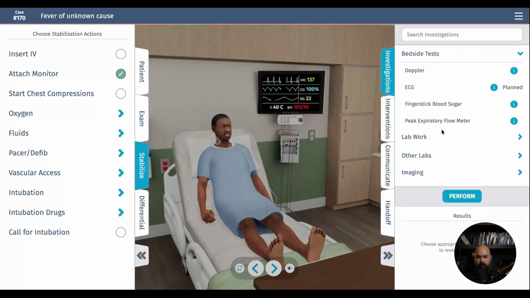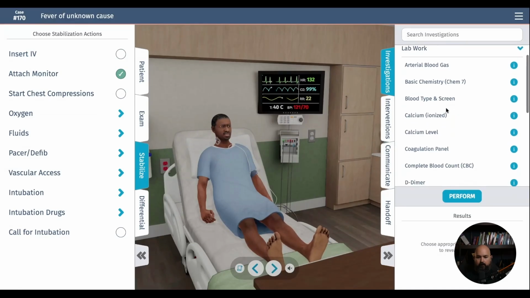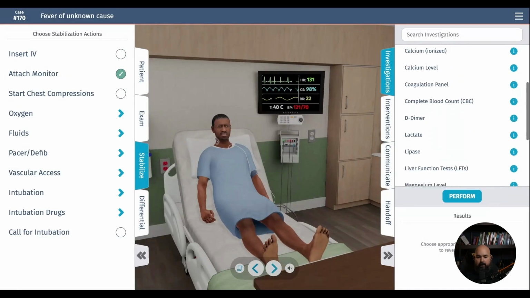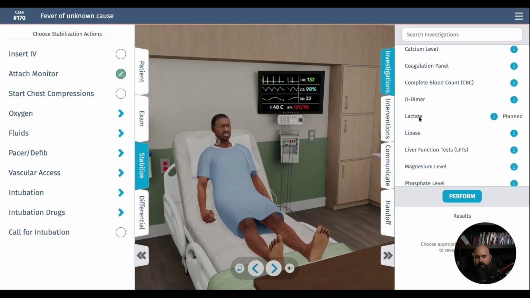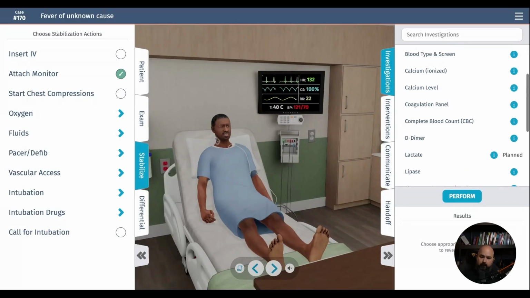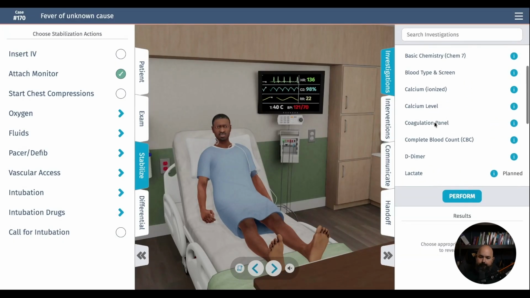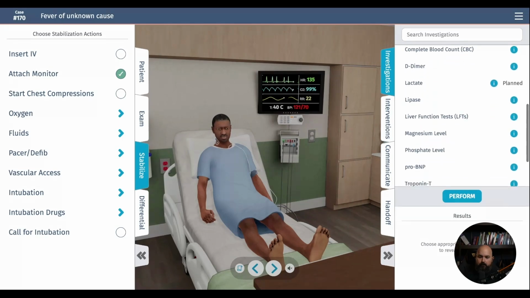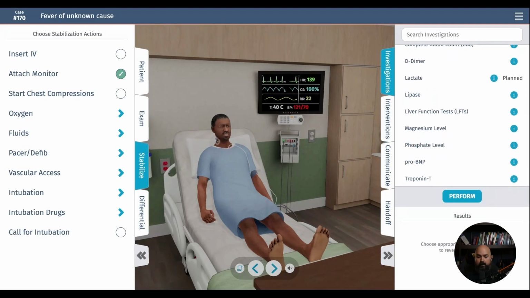And then for lab work, what do we need to check when we're concerned for sepsis? Lactic acid. Now, do we need to do a full panel workup? Right at this moment, there's not enough info to substantiate that.